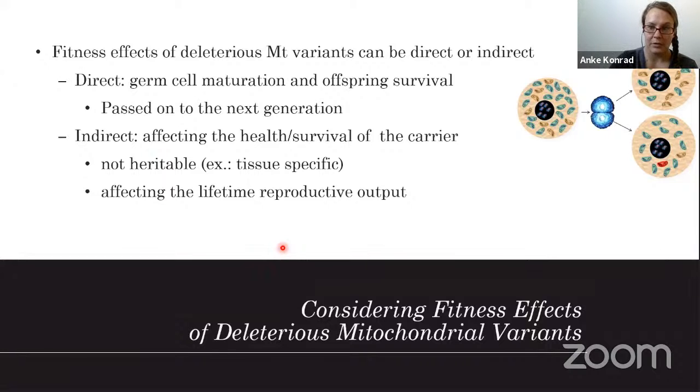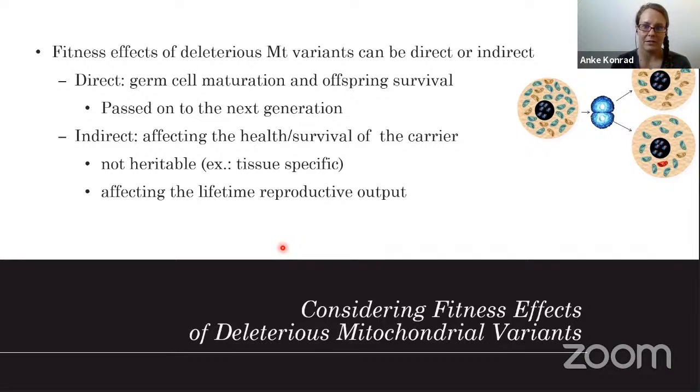And then when it comes to the actual fitness effect of a deleterious mutation in a mitochondrion, there are two ways to look at this. The first one is the deleterious effects on the host, which can be direct or indirect. In the direct case, it implies that the germ cell maturation or the offspring survival is affected, and that this variant is passed on to the next generation.